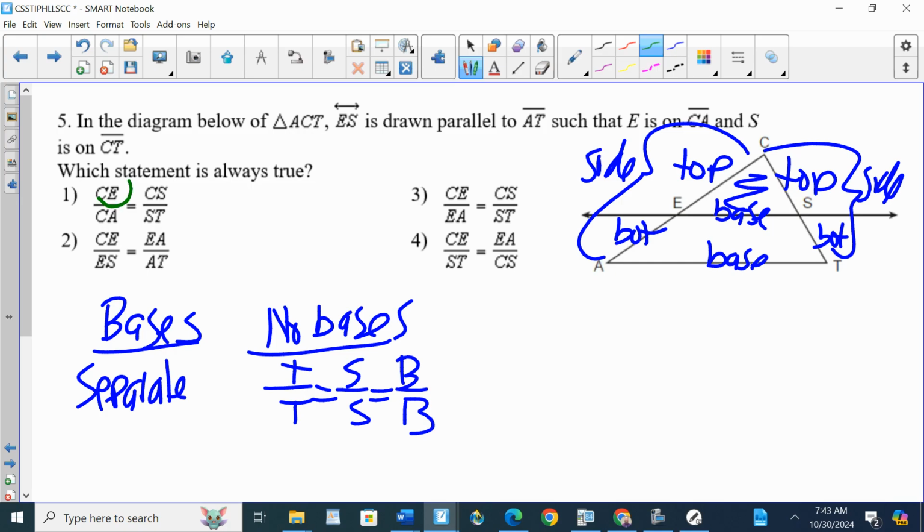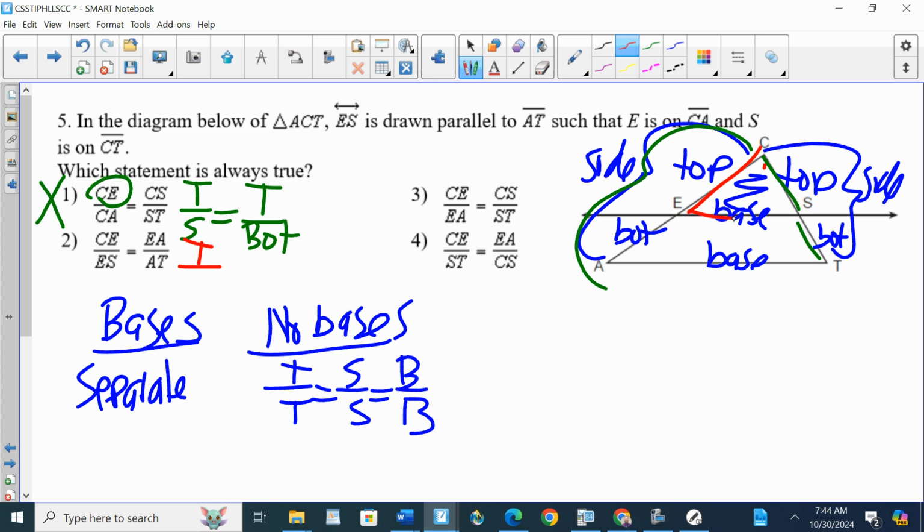So, choice 1: CE is a top over CA is a side equals CS is a top over ST is a bottom. So write BOT because there's bottom and there's base. That's not correct. Choice 2: CE is a top over ES is a base. So at this point, if there's a base involved, I'm going to separate my triangles.